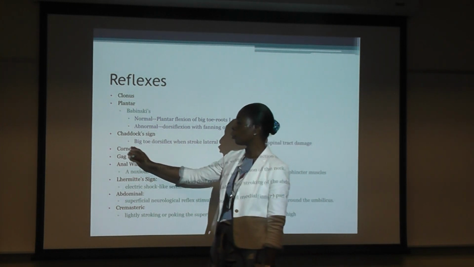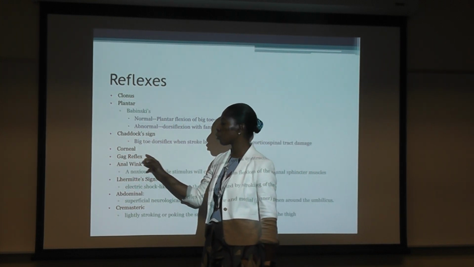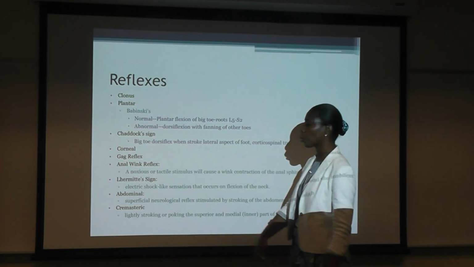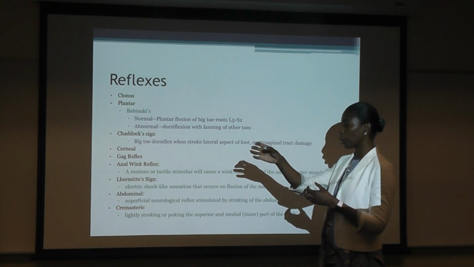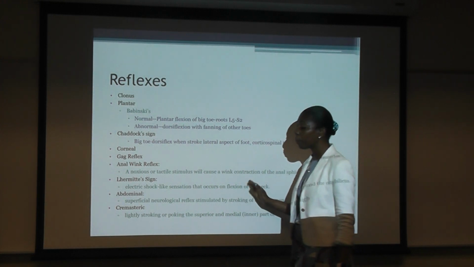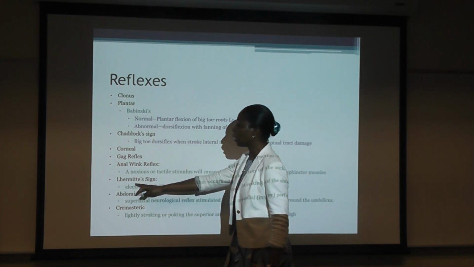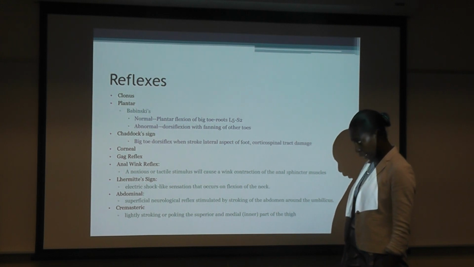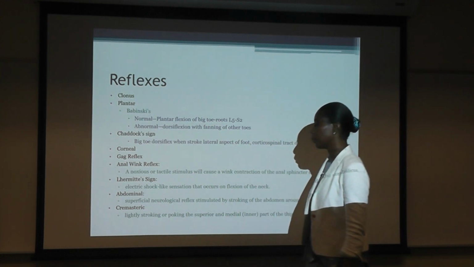Corneal reflex abnormality usually means that there's brainstem damage. Gag reflex, absent, usually means there's brain damage. Anal wink, usually you strike beside the anus and then the anus contracts, and that is usually implicated when there's a nerve root compression. Lhermitte's sign is a shock-like sensation that occurs during flexion of the neck, and you see that a lot in people with multiple sclerosis.